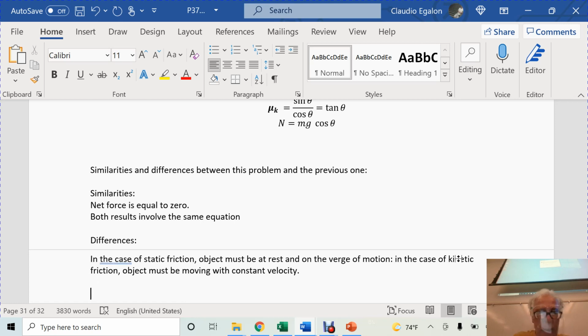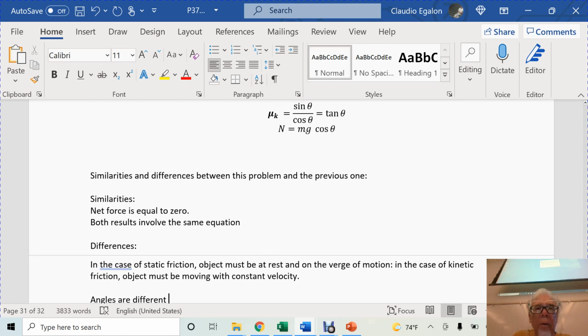Now angles are different. For the verge of motion, I'm gonna use this one here. Angles are different.